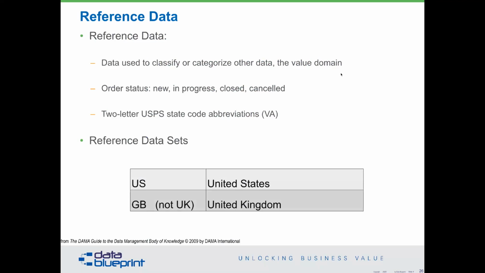However, your organization may decide to use the standard codes for that, which would be GB, standing for Great Britain, not UK, which means if you do a query against your data set trying to find the number of British customers and you ask for how many equal UK, you will probably come up with not the right answer of how many customers you have in Great Britain. But you will definitely find out the number of errors that you have in your reference data where the United Kingdom was not put in and the Great Britain GB 2-letter code was in fact put in there.